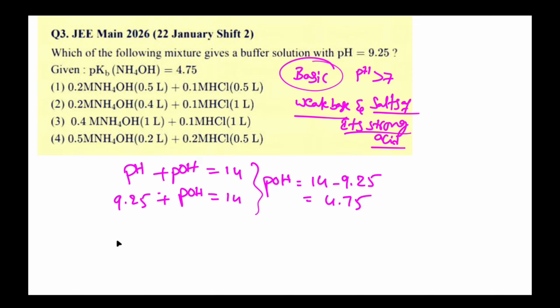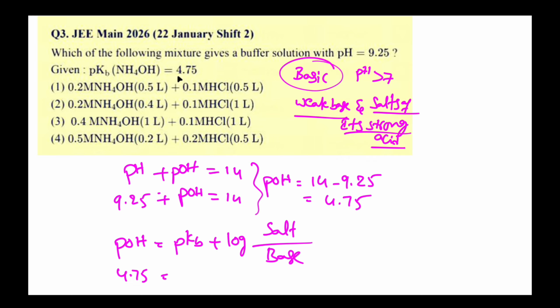So we know very well the formula of a basic buffer solution. pOH is equal to pKb plus log salt by base. So pOH value is 4.75. The pKb value they gave is 4.75, plus log salt by base.